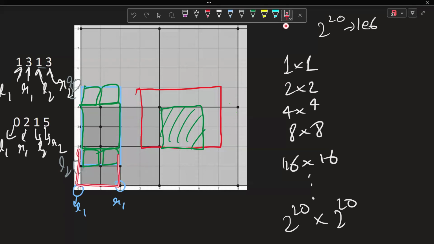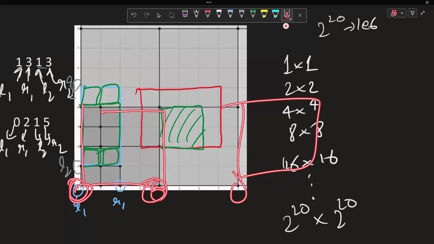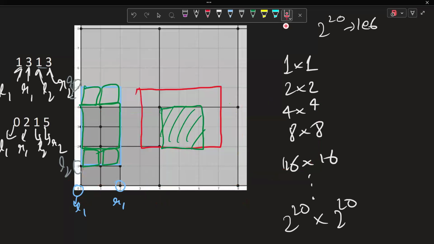It starts from 0 to 2, then 2 to 4, then 4 to 6. So 0, 2, 4, 6, all the starting points are divisible by 2, and all the ending points are also divisible by 2. Same if you consider 4 cross 4 squares: all the starting points are 0, 4, 8, they are all divisible by 4, and ending points are divisible by 4.